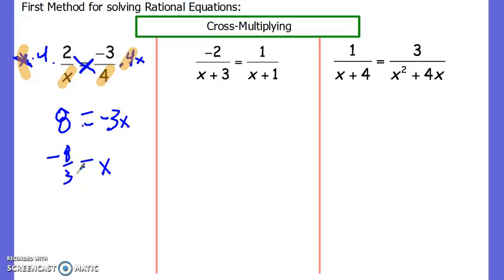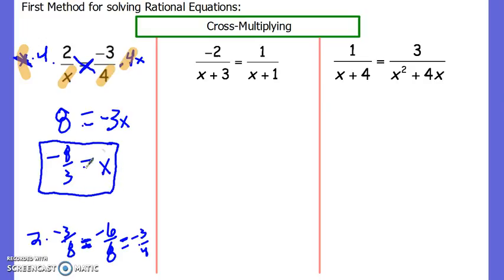And of course you can always double check that answer. 2 divided by negative 8/3 is just like saying 2 times a negative 3/8, which would be negative 6/8, which is the same thing as negative 3/4. And negative 3/4 is what we were equal to over on the right side. So that does work. Remember to circle your actual final answer. So a little trouble with these signs there. And you have your solution.